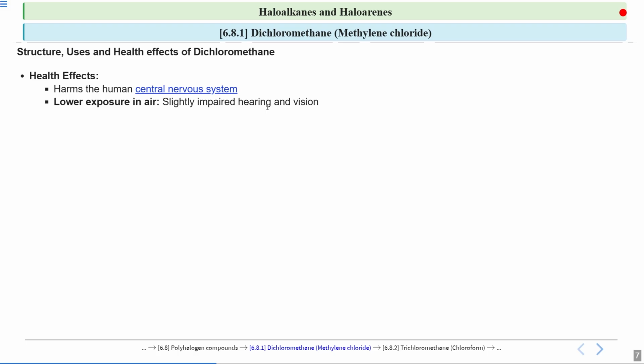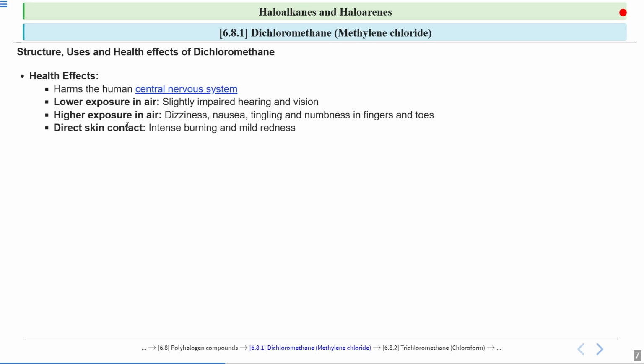So you may face some problem in hearing voices, and your vision can also be disturbed. On the other hand, if it is present in higher exposure in the air, it can cause dizziness, nausea, tingling and numbness in the fingers and toes.